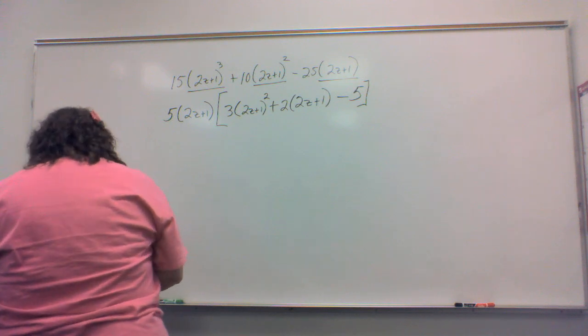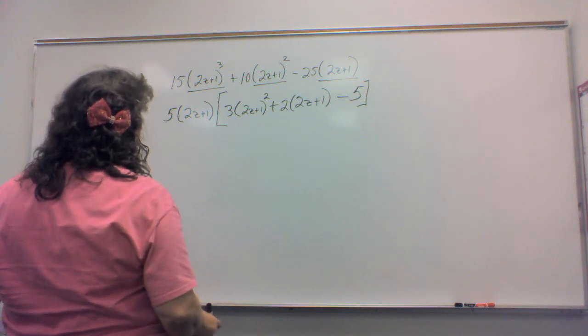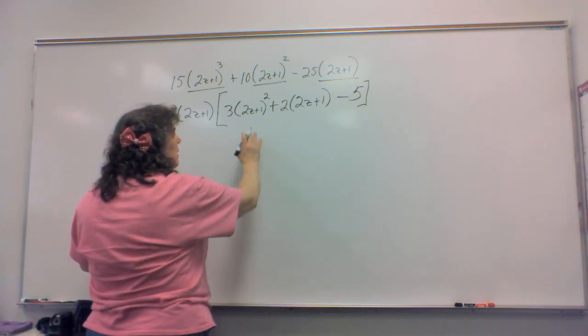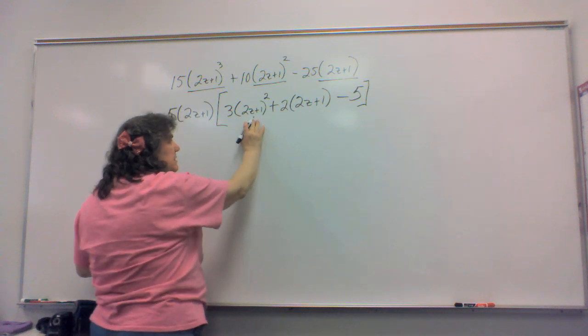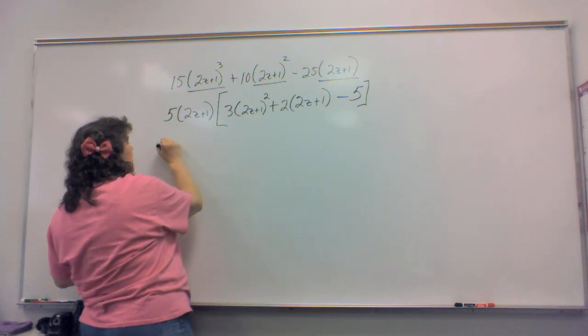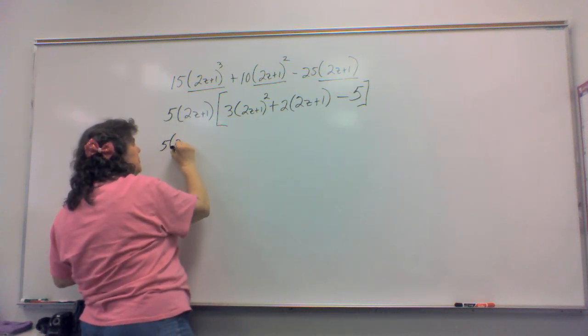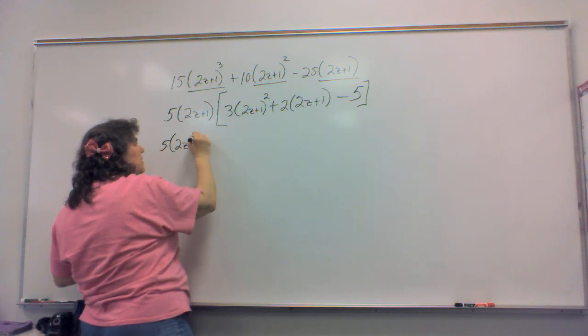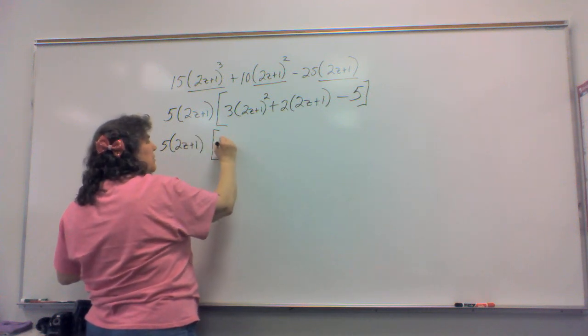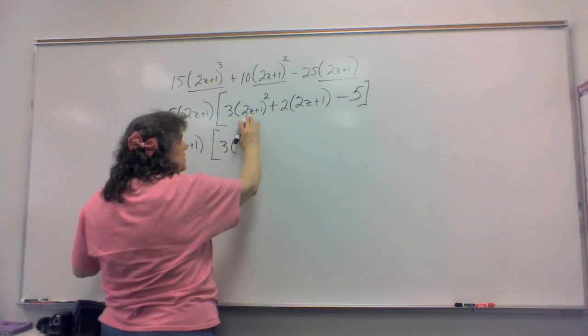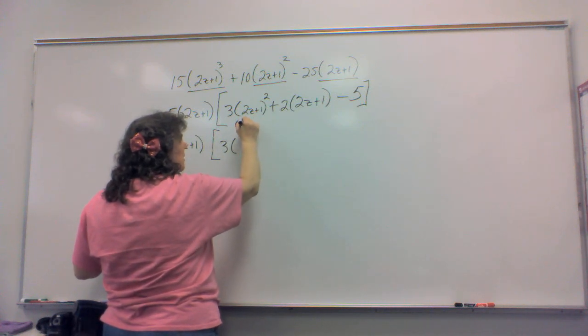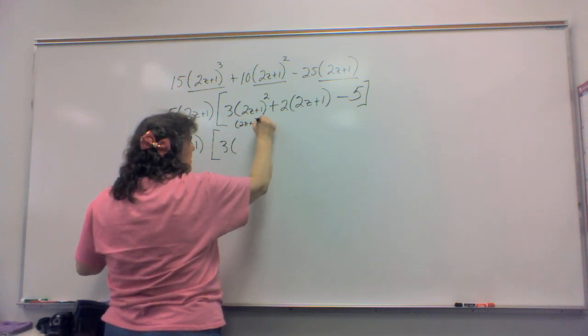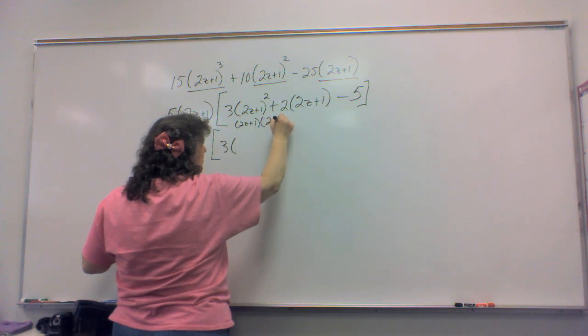Now, you can continue to simplify this by multiplying this, and then we'll combine like terms. So you have 5 times [3 times (2z plus 1) times (2z plus 1)].